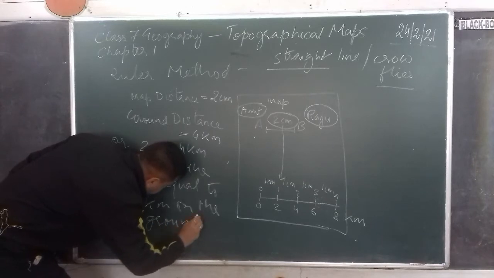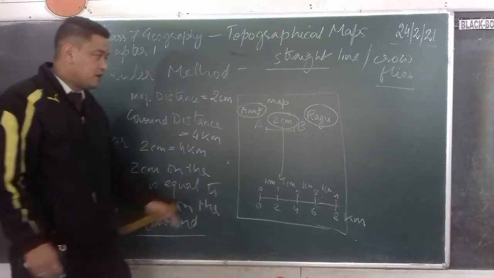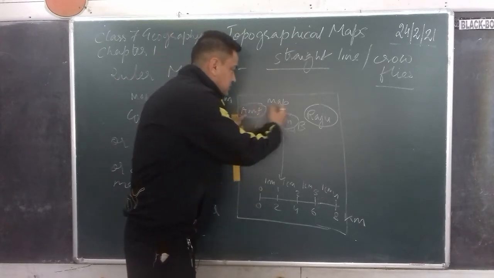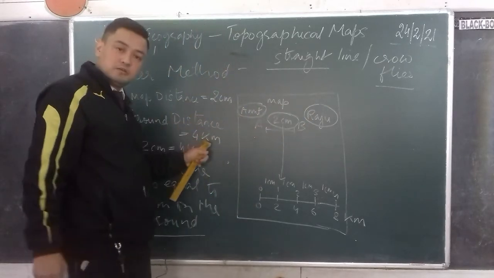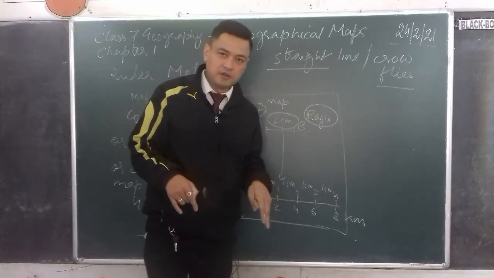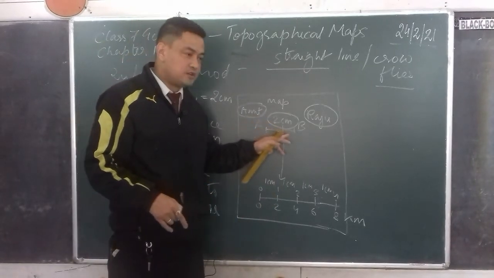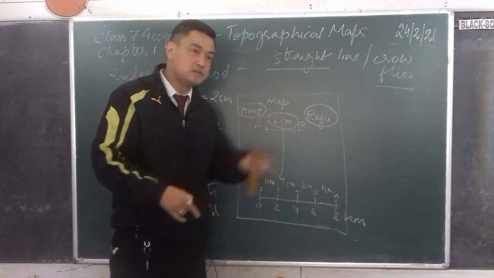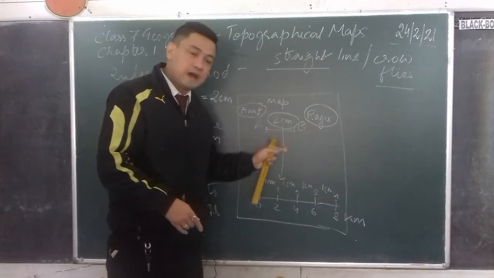Now what does this word ground mean? It means the actual distance between Amit's house and Raju's house is 4 kilometers. If you are walking on the earth and want to find the distance from Amit's house to Raju's house, the actual distance on the earth is 4 kilometers. But on the map it is 2 centimeters.